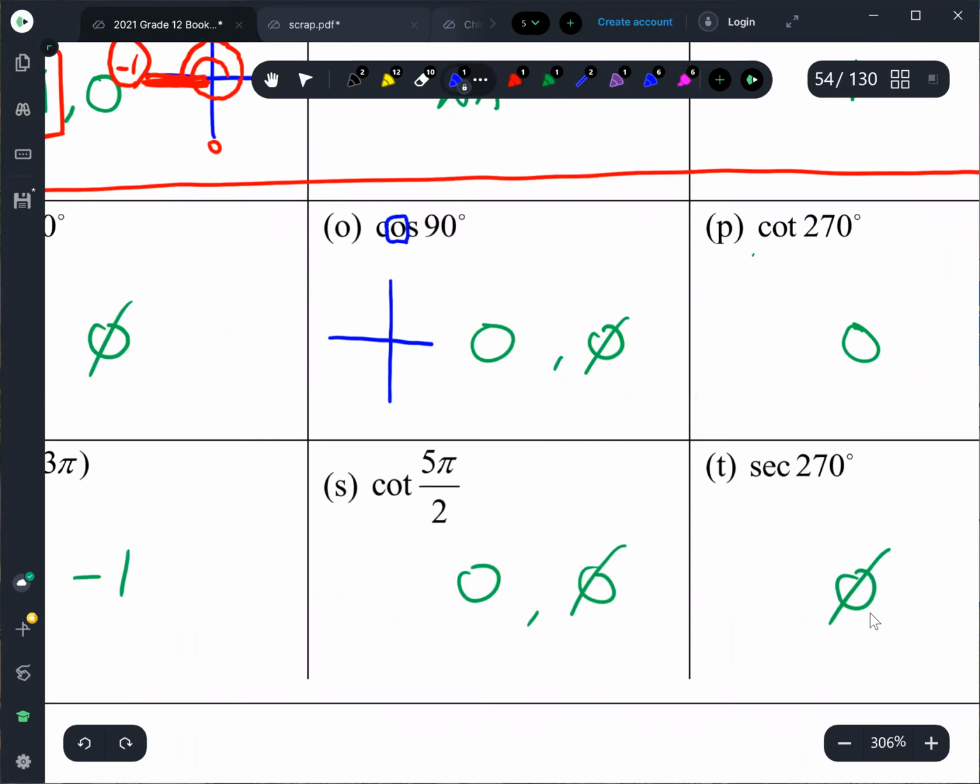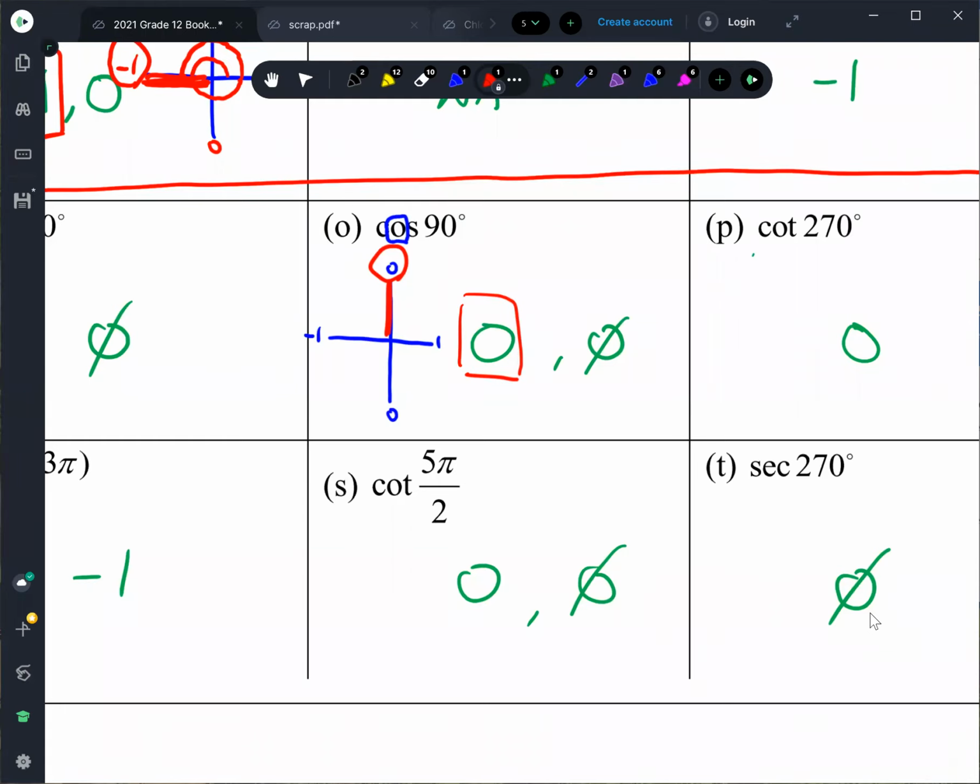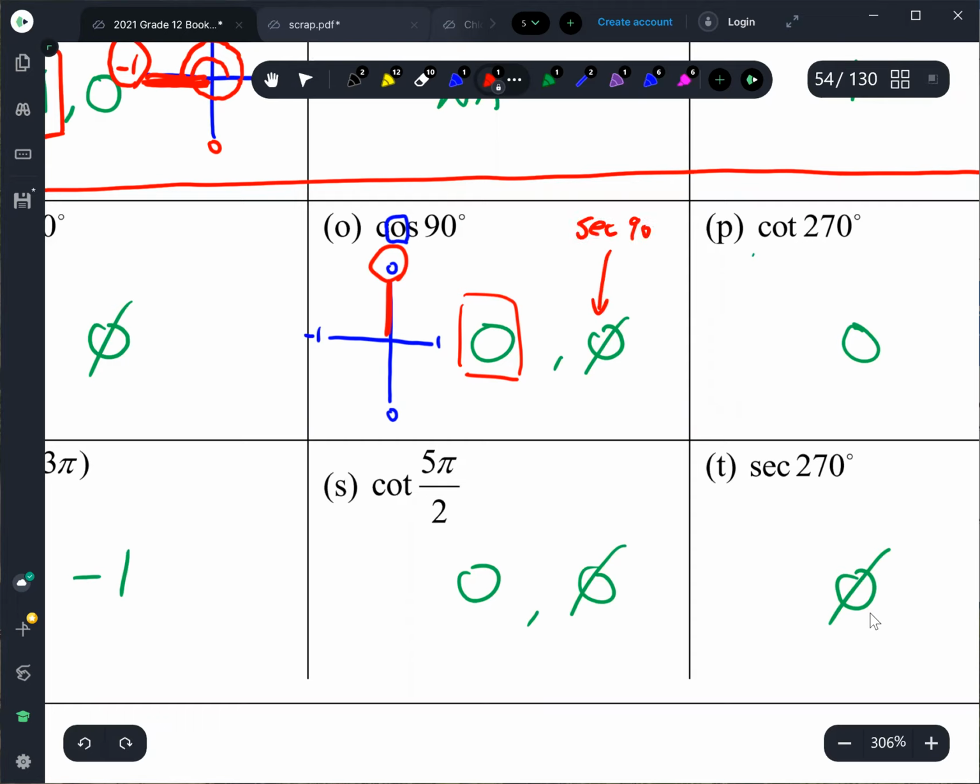It spells 0, spells O. So 0, 0, 1, -1. 90 degree turns to here. So answer is 0. Make sense, Jenny? Yep. Okay. So cosine, you don't need to flip anything. If the question is secant, then you are correct. Okay, it'll be undefined because you need to flip 0 or become undefined.